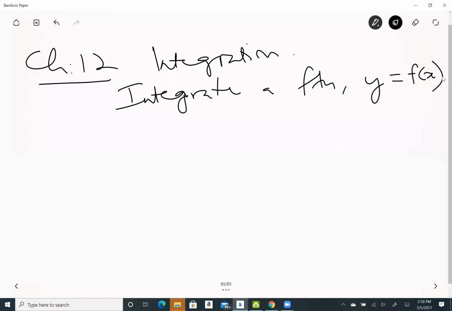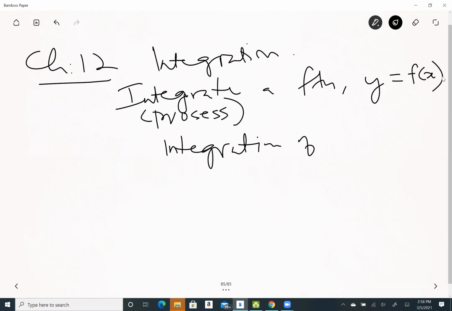I integrate a function. That is the process, that is the work. Then the function which you integrate, y, that is called the integration of y. So that is a function.